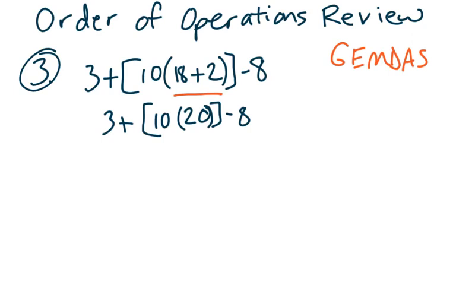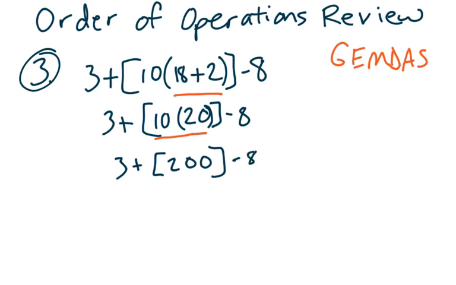And that would be our brackets, where we have 10 times 20. So right here is what we're going to solve next. And 10 times 20, we know that, boys and girls, that's just going to be 200. So we're going to put our bracket with 200. And that's going to be 3 plus 200 minus 8.